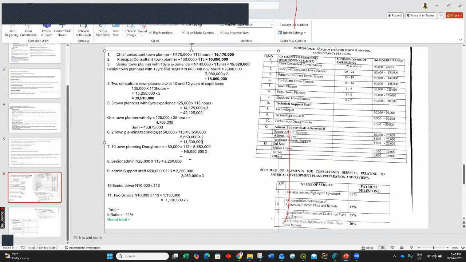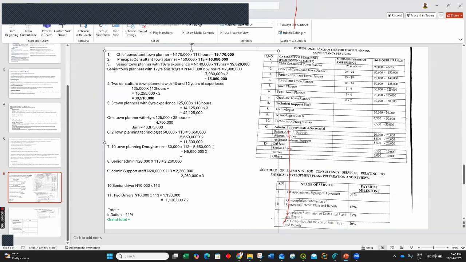Then we have 10 planning draughtsmen. What is their rate in the table? Their maximum rate is 50,000. So 50,000 times 113 hours, that is 5.6. That is the amount for one draughtsman.